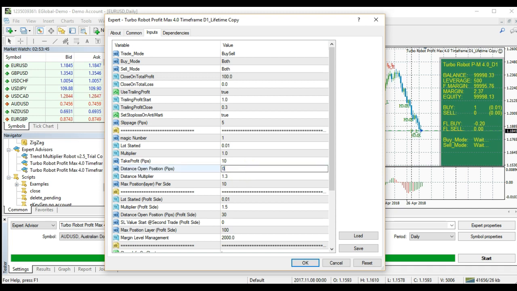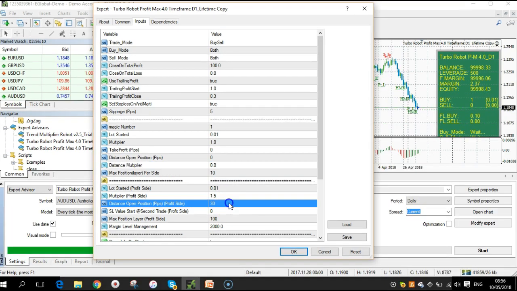So I just leave it at 0, because I don't want a multiplier. The distance multiplier will definitely be 0 also. For maximum per layer, it doesn't matter what number you put, it doesn't trigger anything because you don't have a multiplier. So just leave it at 0, or it's up to you.